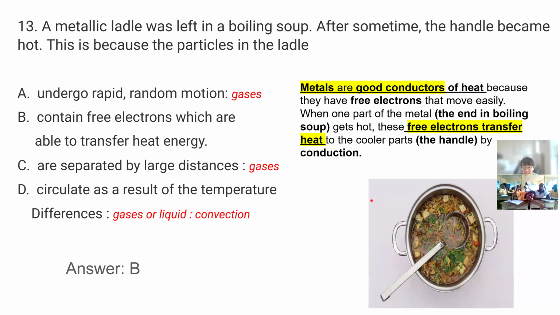Yes, that is right. The answer is B. We did not really talk about this, but now we can see that metals are good conductors because they have free electrons that move easily. When one part of the metal, for example the end in the boiling soup, gets hot, these free electrons transfer heat to the cooler parts, for example the handle. This is a process of conduction, and it is really important.